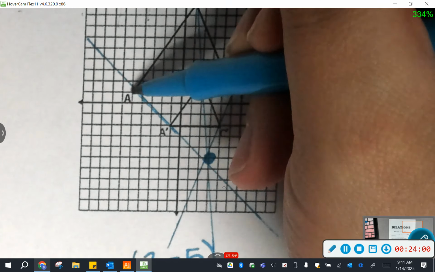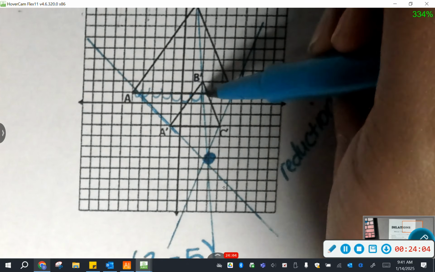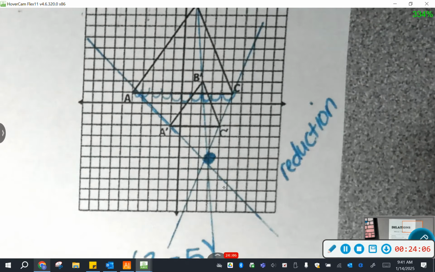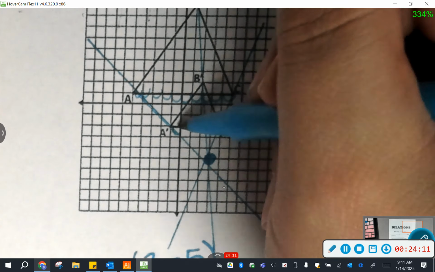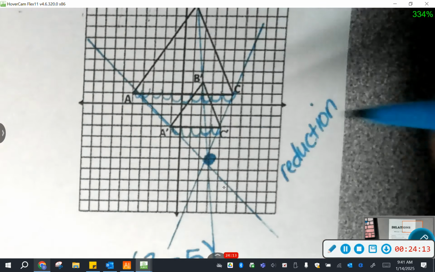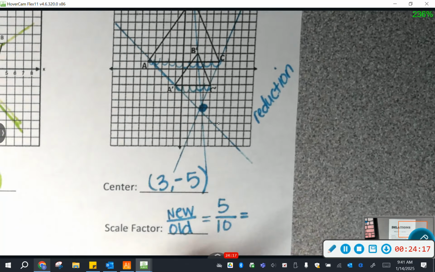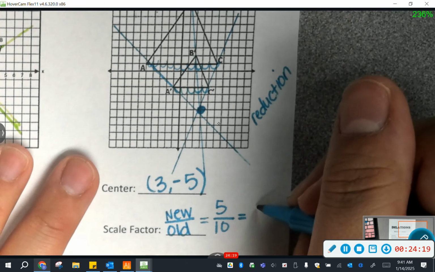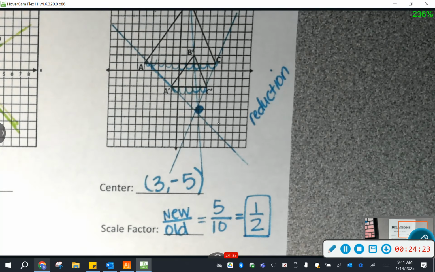So I'm going to count 1, 2, 3, 4, 5, 6, 7, 8, 9, 10 is my old. And what does it turn into? 1, 2, 3, 4, 5 is my new. What is 5 divided by 10? Nope, be careful. 1/2. Because it's a reduction, it's cut in half. Write that down, please.